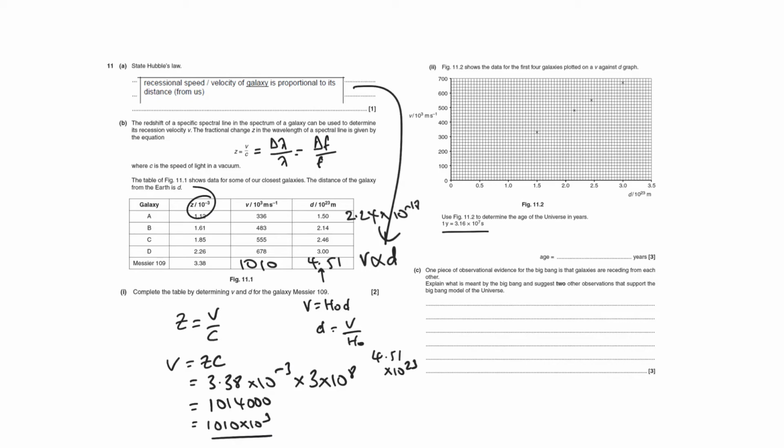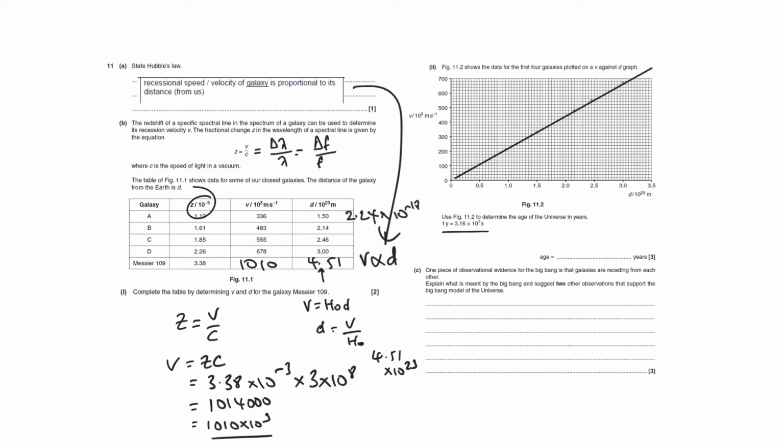So hopefully you've given this one a go, and the first thing I would do would be to draw a straight line, and it should be through the origin. There's not many topics in physics where you're allowed to aim straight for the origin, but this is definitely one of them.